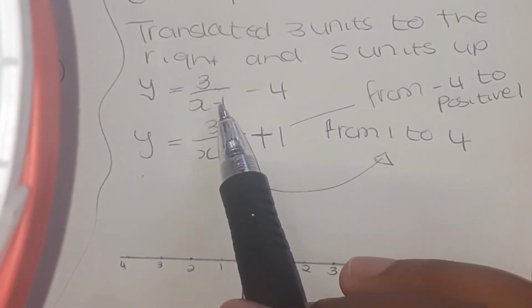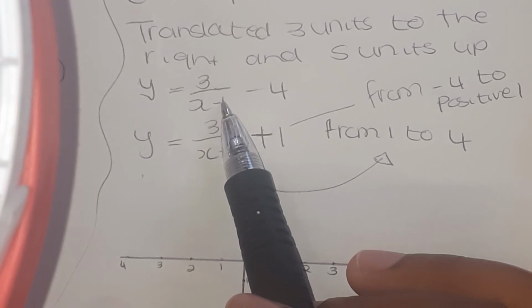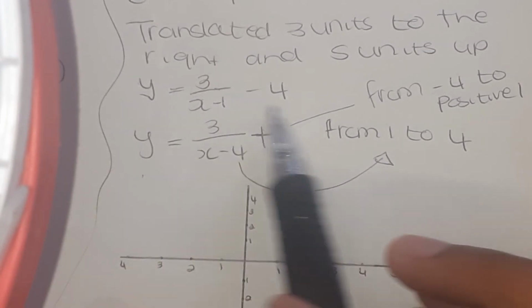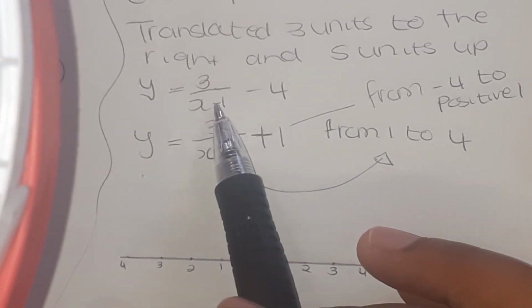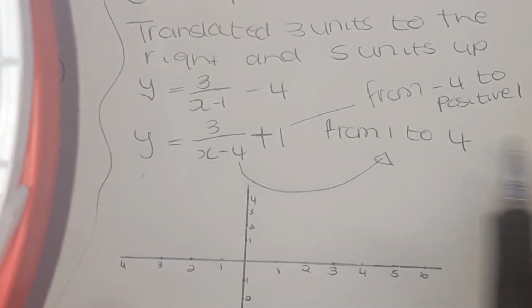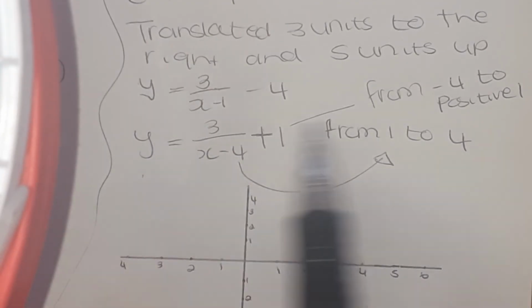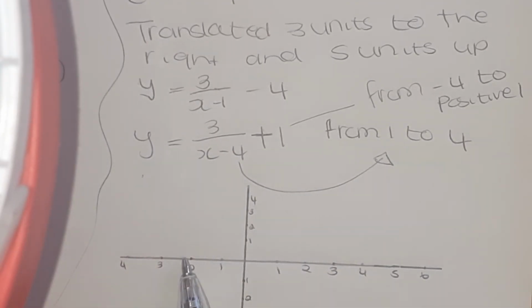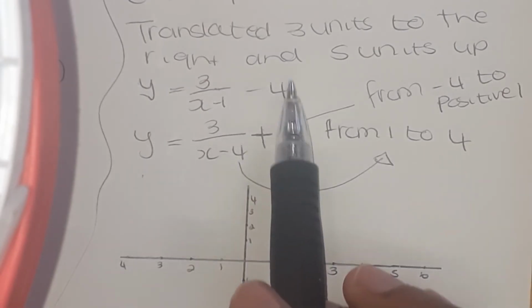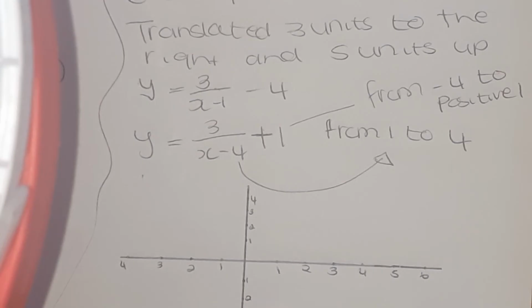So this is the original. We have -1. We said this is left or right, right? This works with x. So x is either on the left or on the right. But with y, it's up or down, right?